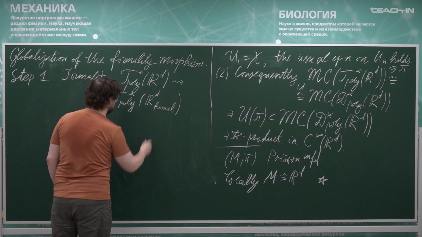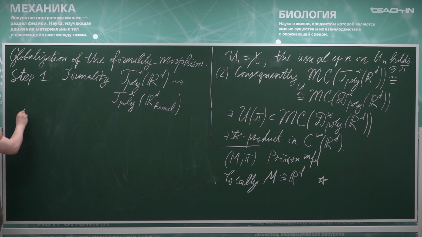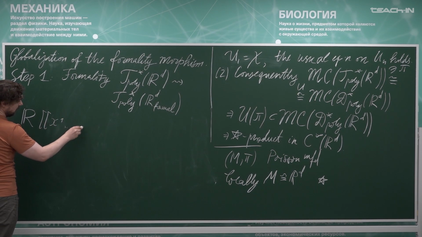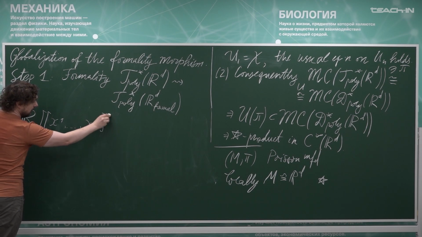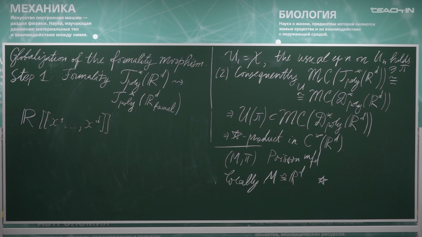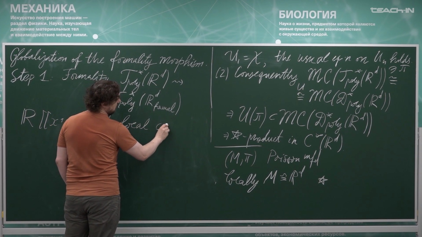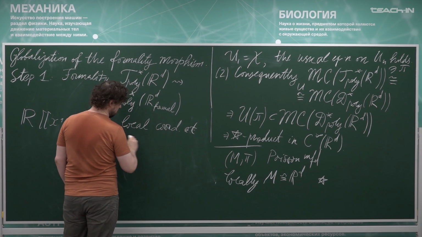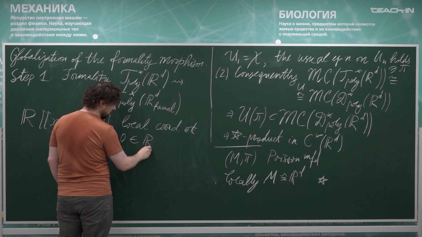And when we speak about formal Rd, it means that we actually replace polynomials by formal power series in n variables. So we can think of these variables x1 through xd as being local coordinates in the neighborhood of 0, at the origin in Rd.